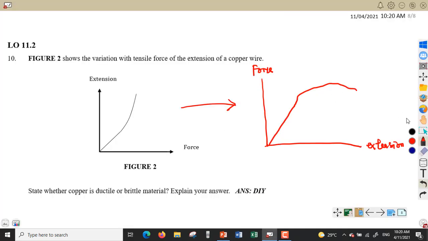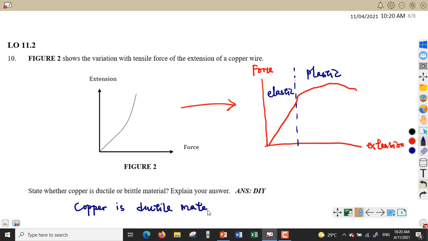For this question, the straight line portion is the elastic deformation and the curved part is the plastic deformation. So we know that this material undergoes both elastic and plastic deformation. So copper is a ductile material. Why? What is your reason for your answer?